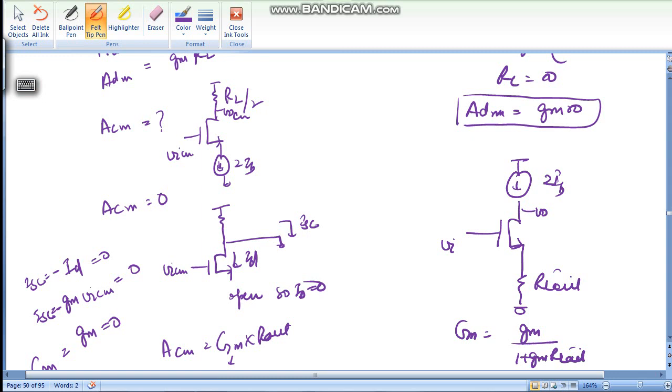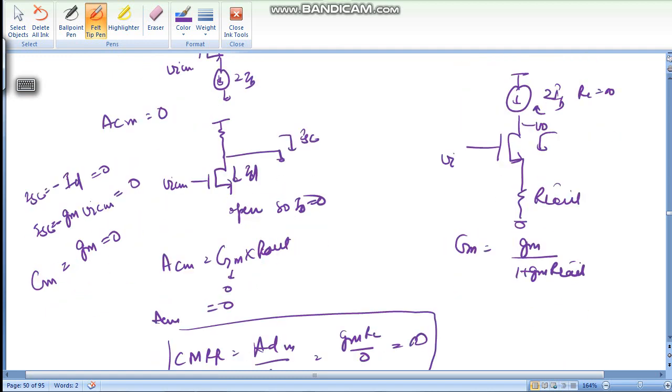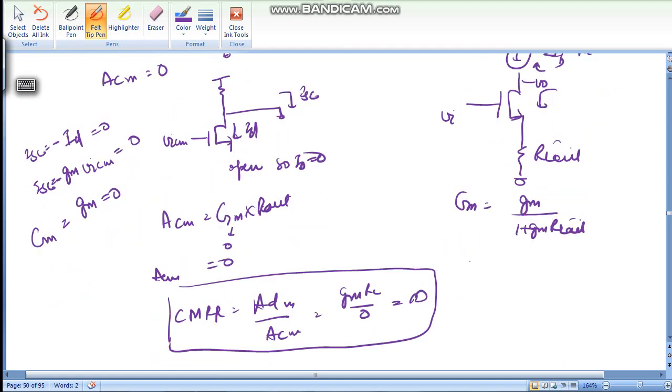Now for output resistance, RL equals infinity, so only this cascode structure's R out we need. So R out equals GM RO R tail.